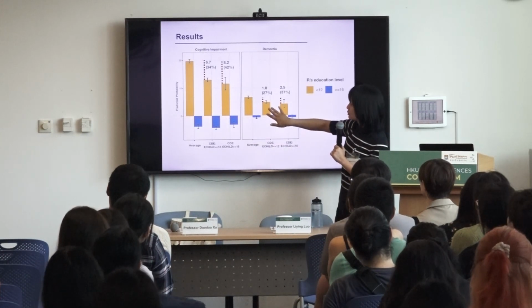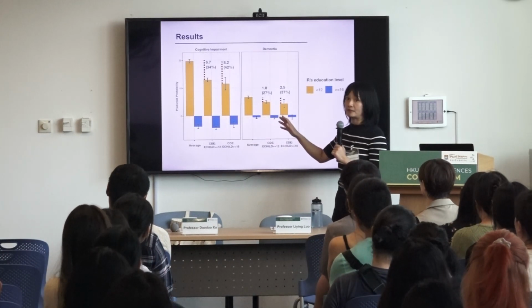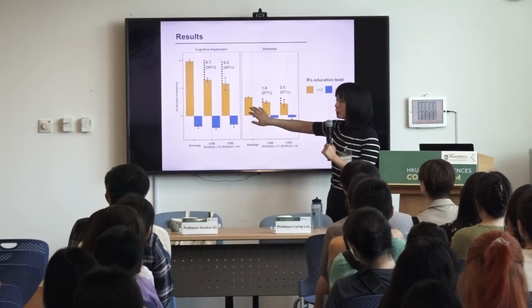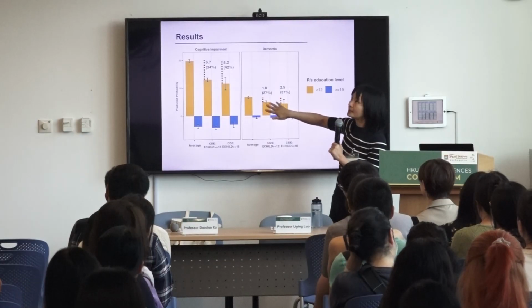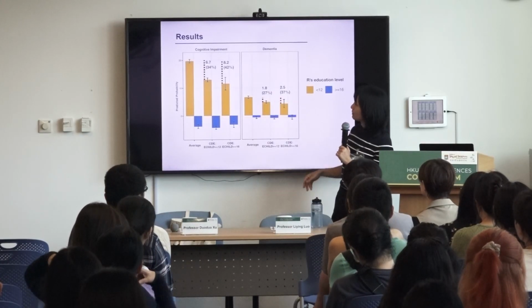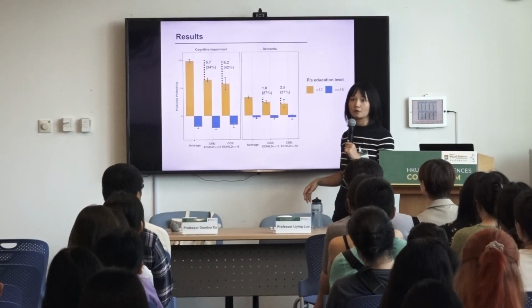Or this is equivalent to about a 1.8 percentage point reduction in the probability that the least educated parents would experience dementia, which corresponds to about a 27% reduction of the health disparity.